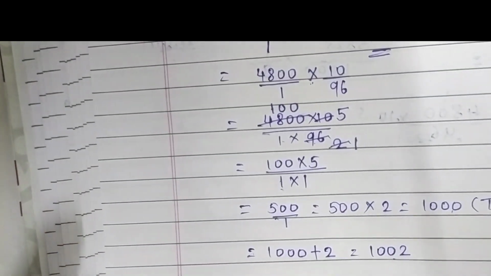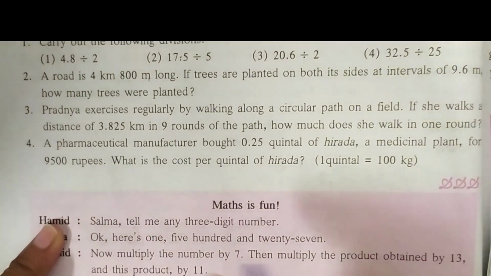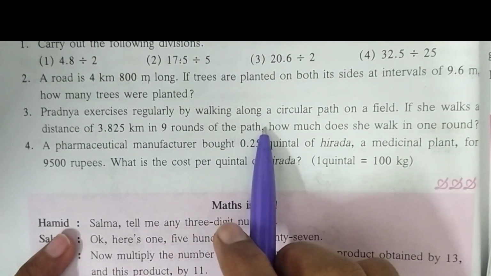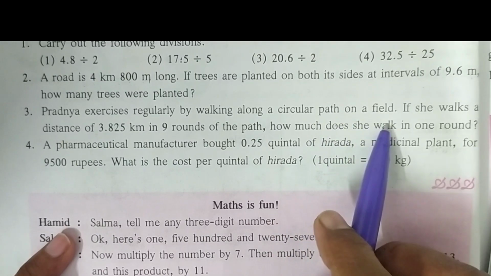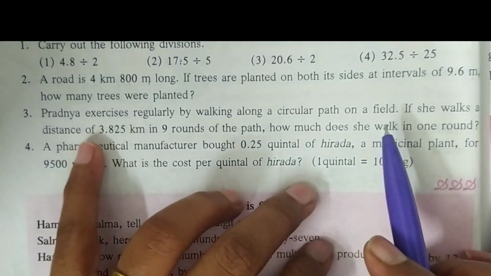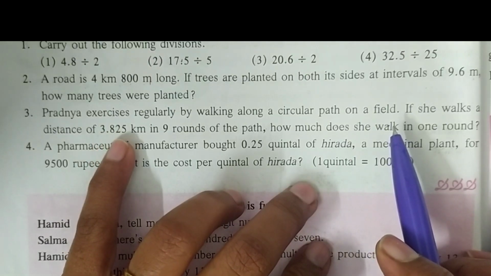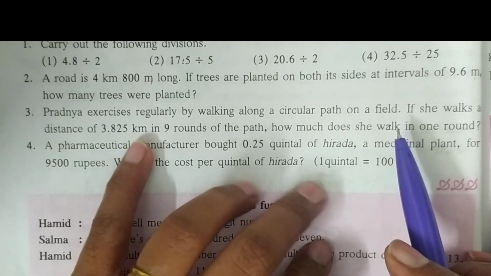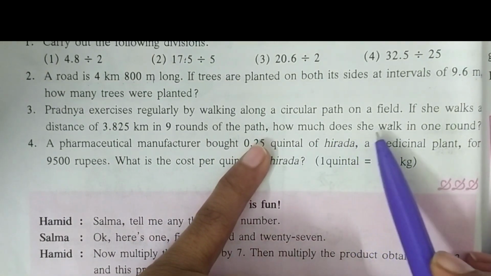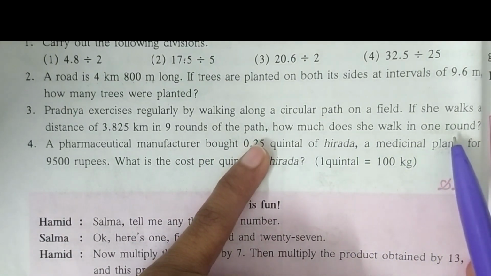Now look at the third question. The third question is, Pradnya exercises regularly by walking along a circular path on a field. If she walks a distance of 3.825 km in 9 rounds of the path, how much does she walk in one round?